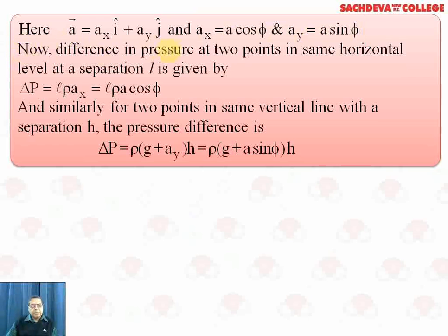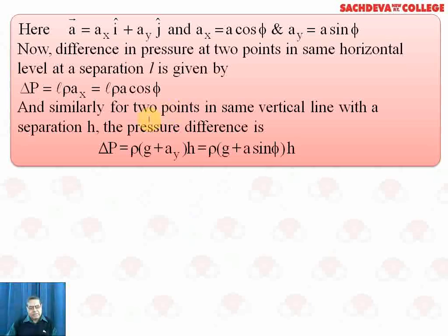Now the difference in pressures at the 2 points on the same horizontal level is given as delta P equal to l rho into ax. So we can write l rho and ax can be taken as a cos phi. Similarly, delta P is rho into (g plus ay), and for ay we can replace a sin phi.